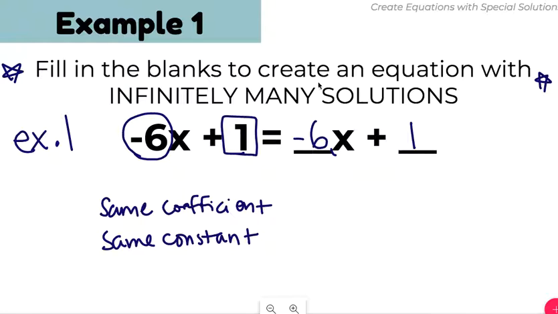Let me make this a little more clear. So our coefficient was a -6. That needs to be the same on both sides. My constant is +1. That needs to be the same on both sides. Now we can check this by solving.